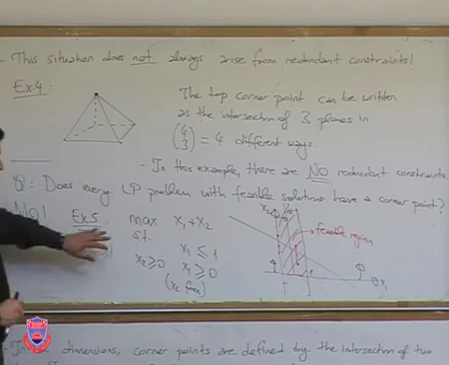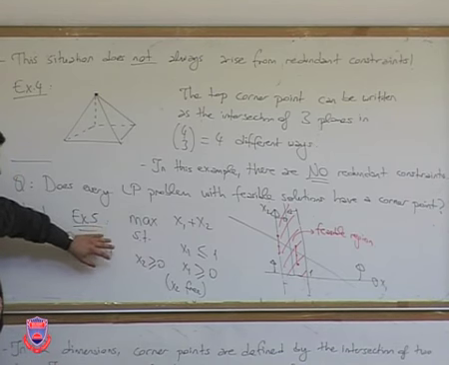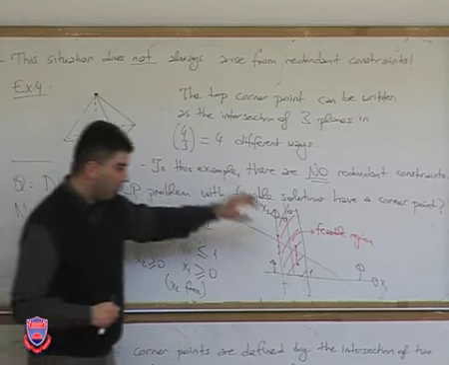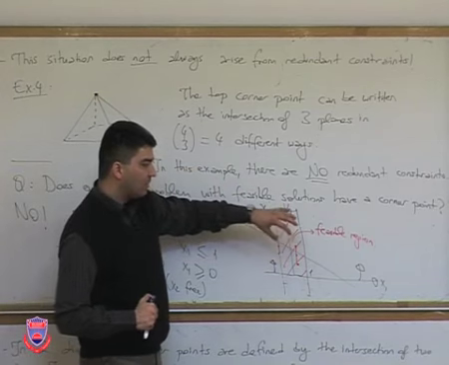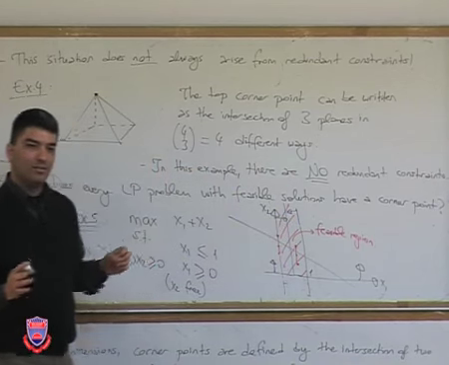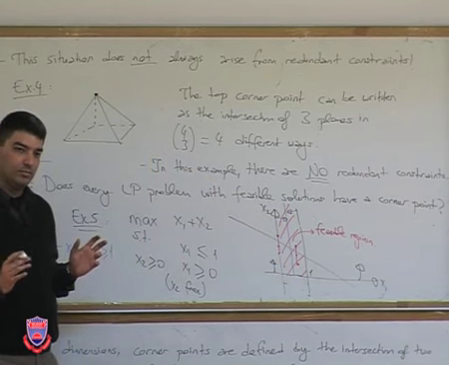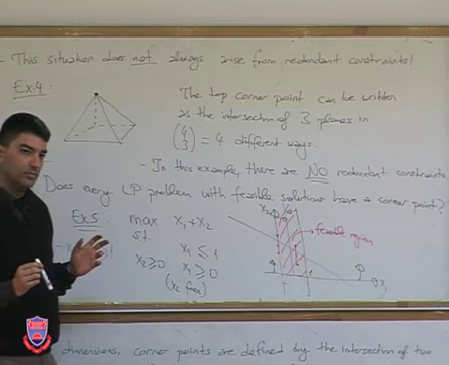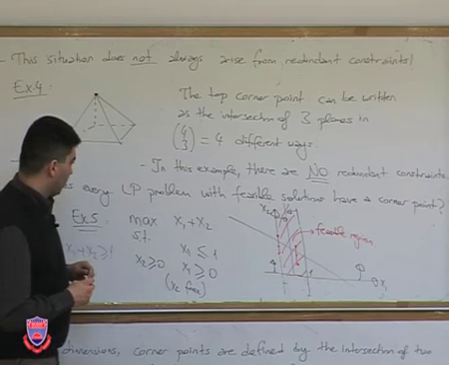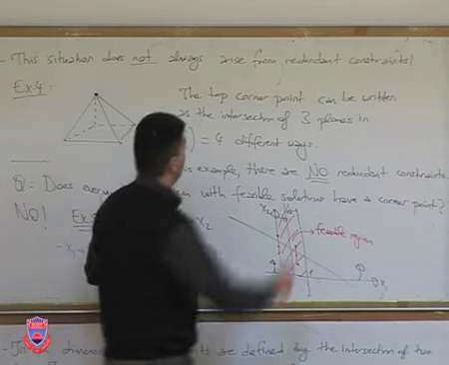I'm not talking about constraints here. I'm drawing my feasible region, and I'm asking myself, does my feasible region contain any line or not? Yes, it contains a line, but it has a corner point. Okay, so what's the line again?